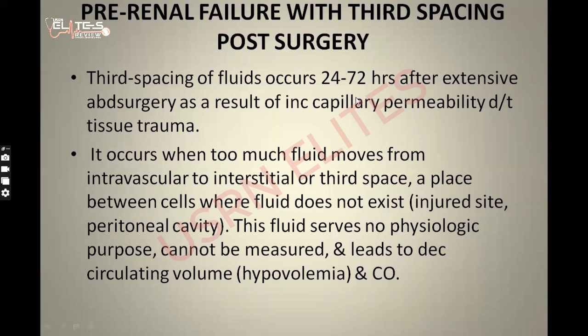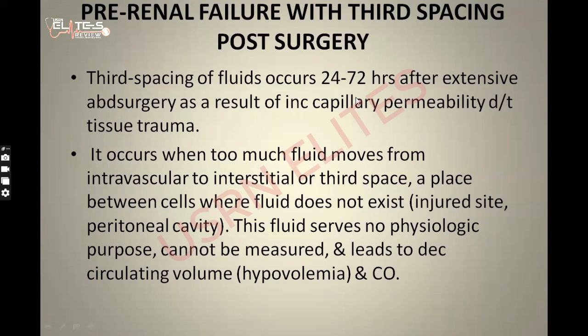And when you do that, though we are solving an issue, you end up increasing capillary permeability, and that can easily lead to fluid accumulating in the interstitial spaces.